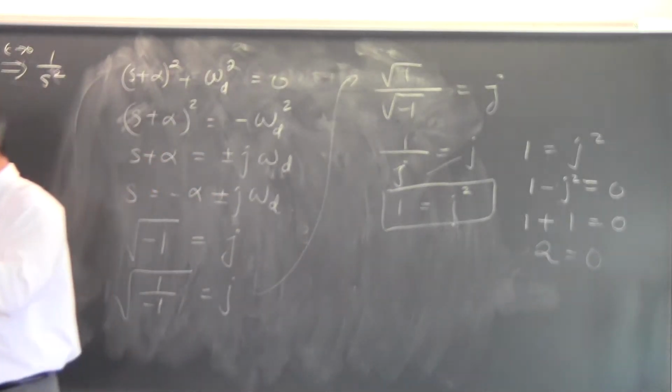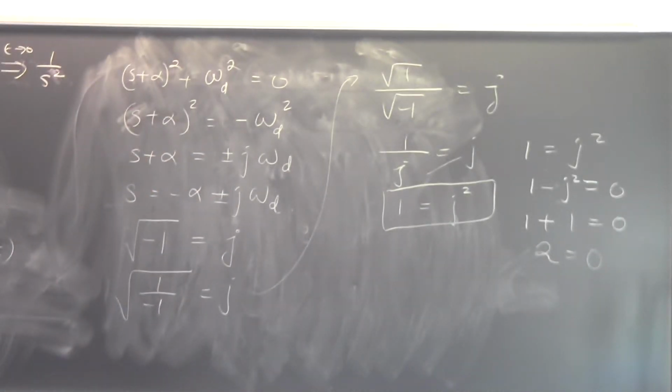So you go home and figure out what went wrong. When you take the square root of it, you have to make the negative 1 be at the top.